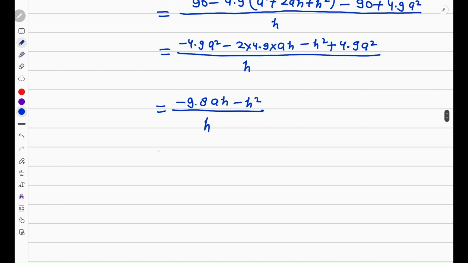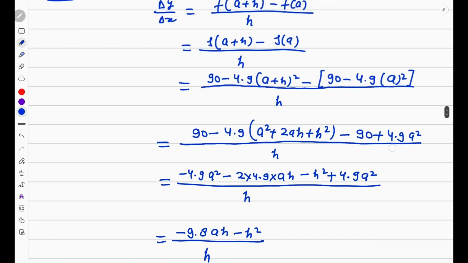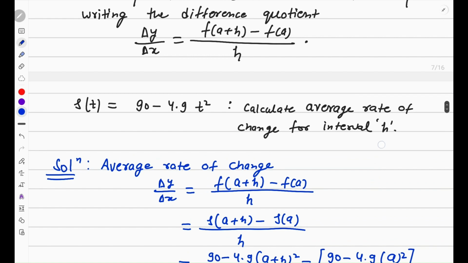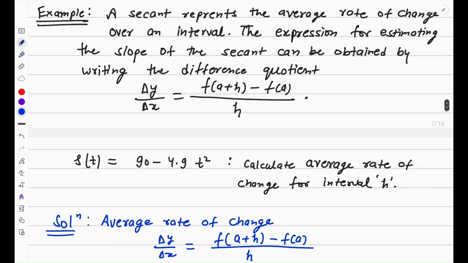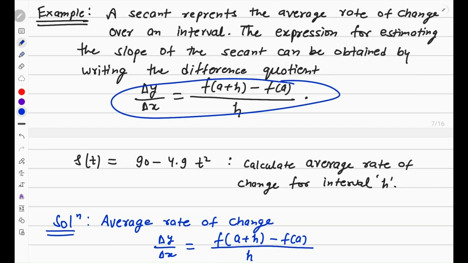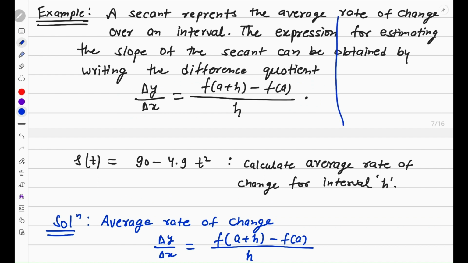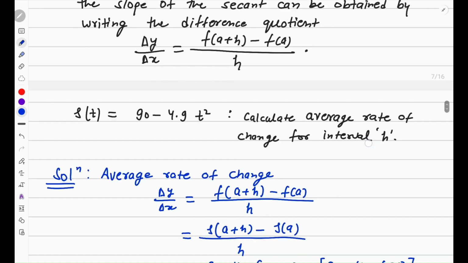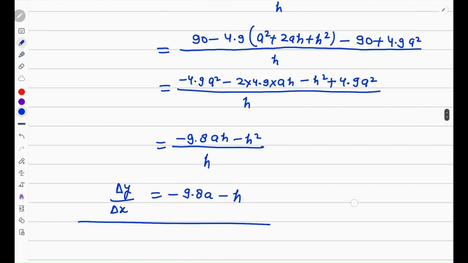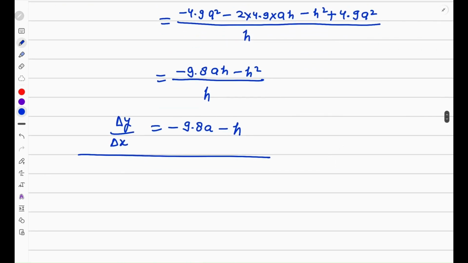If we divide by h, we get minus 9.8 a minus 4.9 h. So this is the average rate of change of a curve, and we use the difference quotient method. This is the question basically, and we use the formula and solve it, and we get the average rate of change.